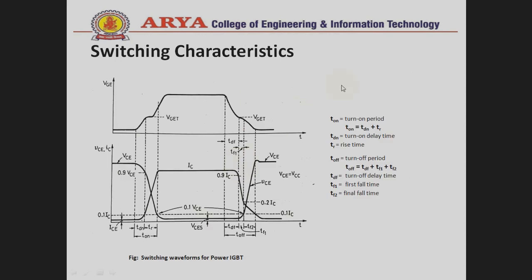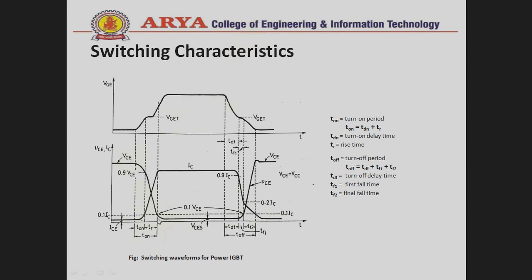Now we will discuss the switching characteristics of IGBT. As we discussed, IGBT is a voltage control device. It means when voltage is present on the gate terminal, then the MOSFET is on, then the MOSFET and BJT work, and the three junctions J1, J2 and J3 conduct, and the IGBT comes to the on state.